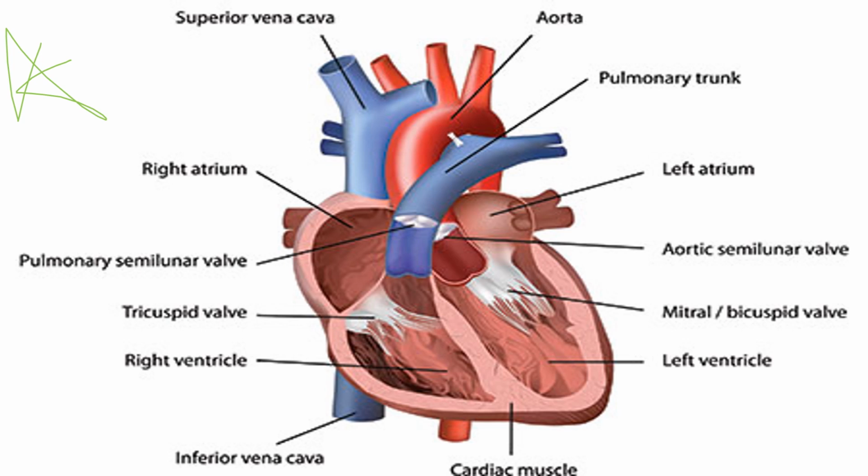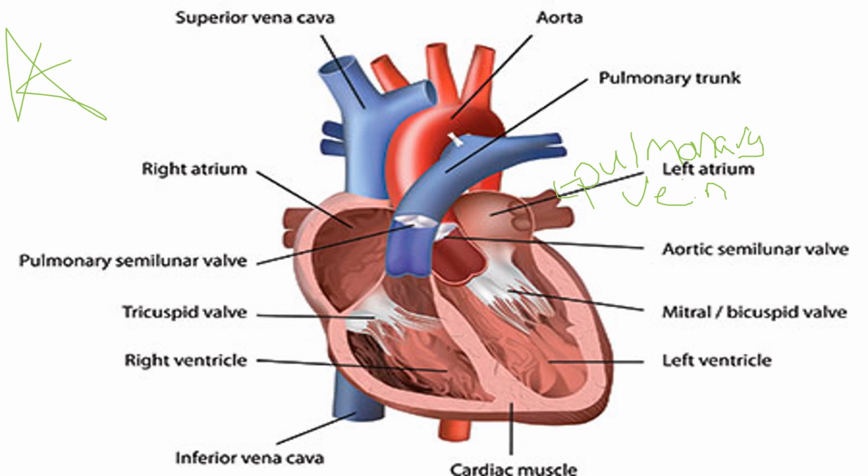So, when you're looking at this, it's not marked out, surprisingly. So this is going to be your pulmonary vein, which is the only vein that has oxygenated blood.